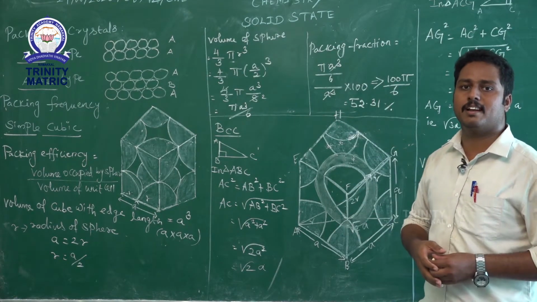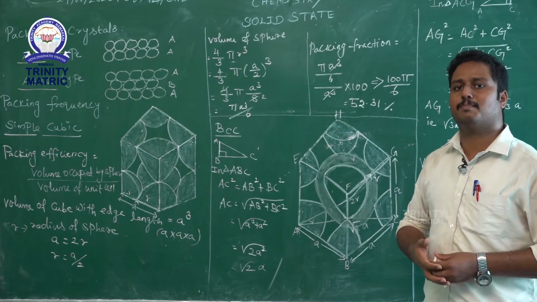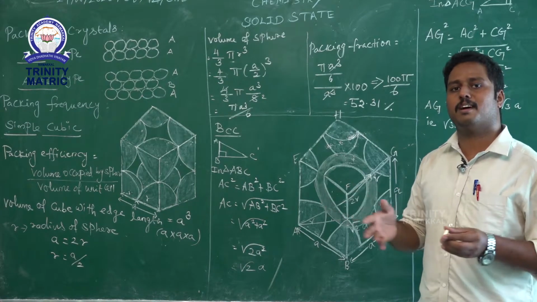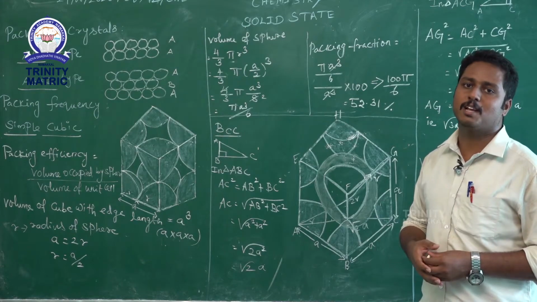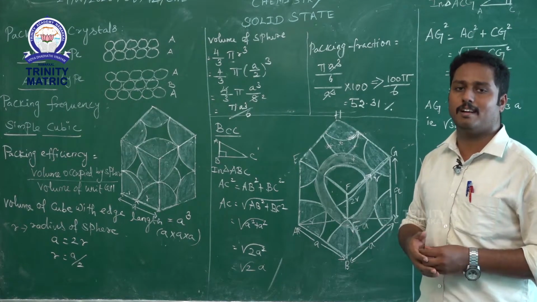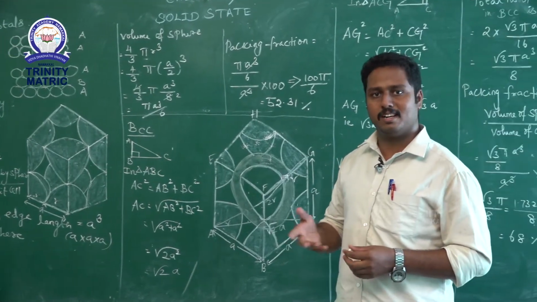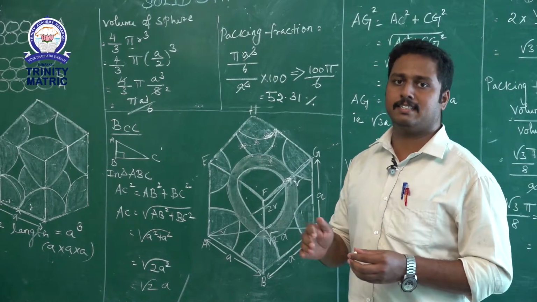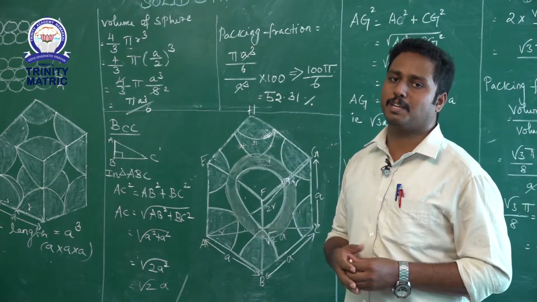So what will be in the remaining area? The remaining space will be empty. What is the problem if it is empty? If the distance between the molecules increases, what will happen? The density of the crystal decreases, and also the attractive force of the solid decreases. So the strength will be lesser. So compared to the other cubic systems, simple cubic is less dense because its packing fraction is 52.31%.